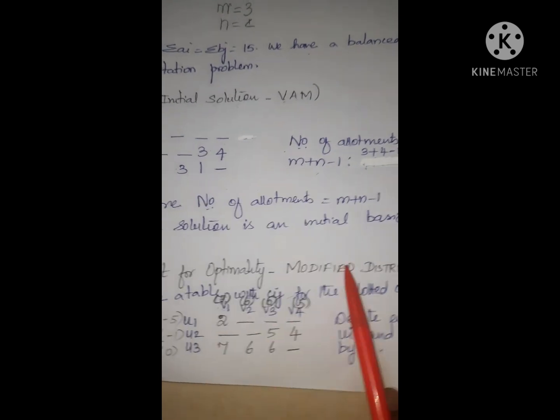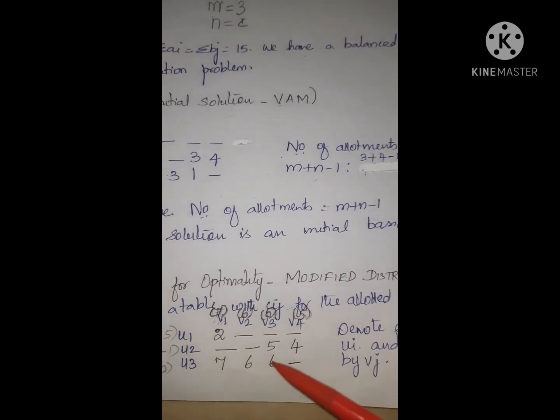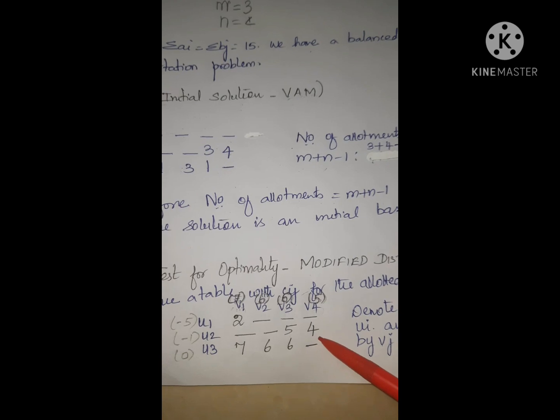Likewise, first column 2 allocations, second column 1 allocation, third column 2 allocations, last column 1 allocation.